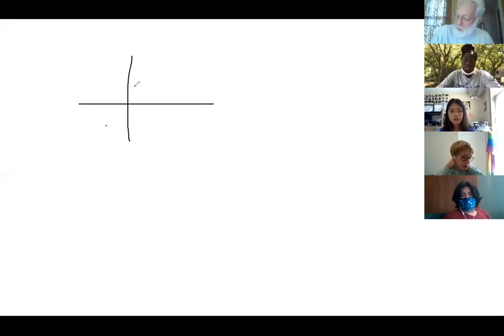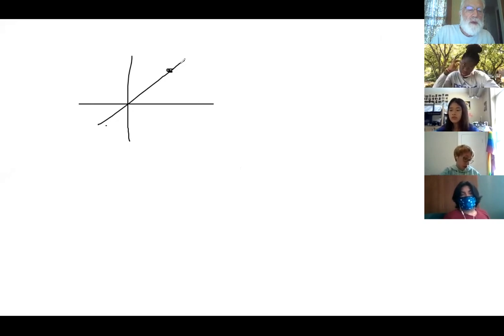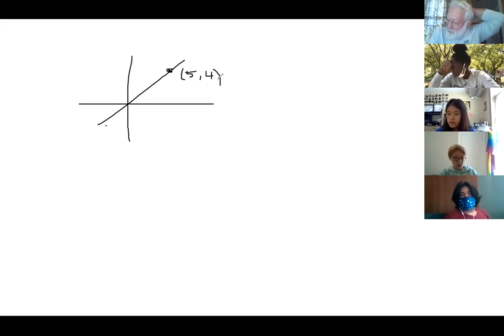Do we have to use that for problem number 4 as well? No, you can use any line. So I'm just going to draw a regular line. And here's a point, right? Let's just say that point is, I'm making this up, (5, 4). I'm just making a random line. And then it says, make a right triangle using any points on the line. So I'm going to take this point.